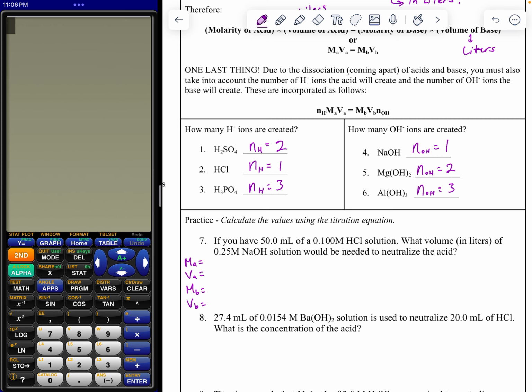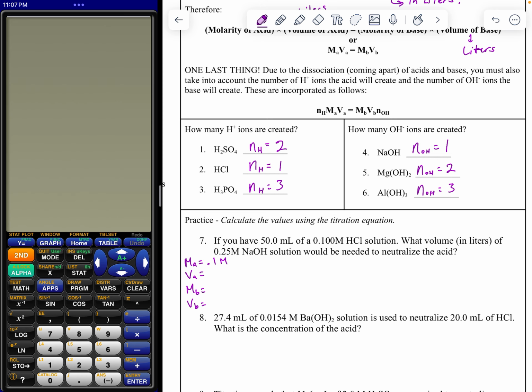So let's just put in what we know. I know that this is my acid because there's an H in the front, right? That means that there's a hydrogen ion there. And then this is my base, right? Because there's the OH in the end, the hydroxide ion is a part of that. So I have my acid and my base information, so I'm going to just plug it in. The molarity of the acid is 0.1 molar.